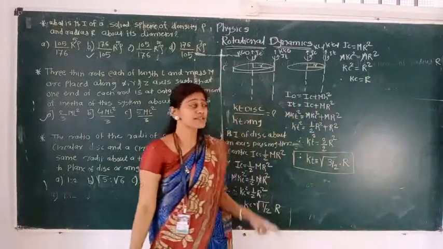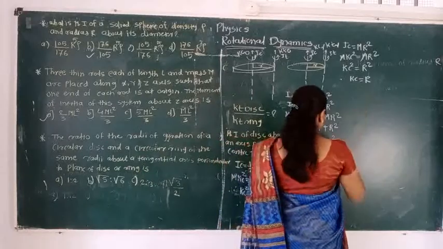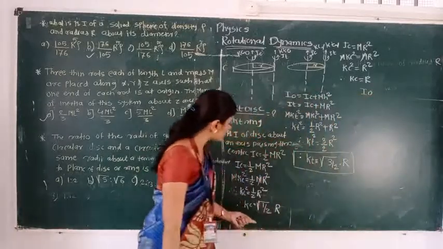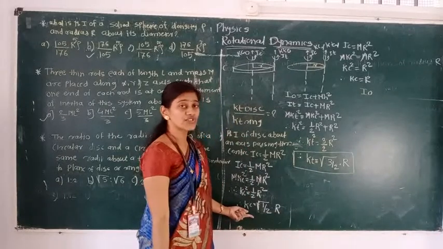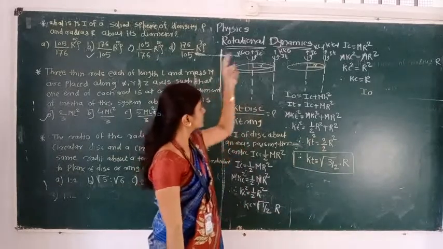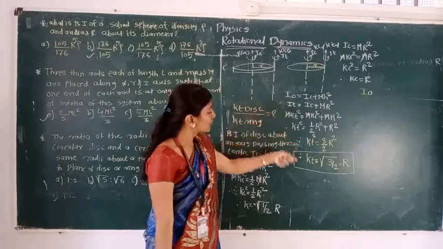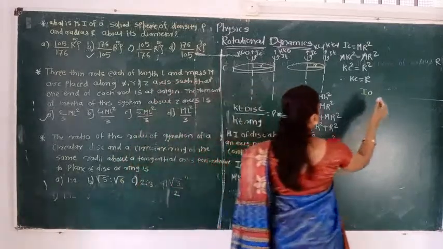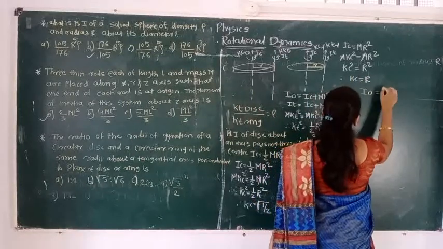Here again we are using the parallel axis theorem. Similarly for the ring, there we first found the value of the radius of gyration of a disc about an axis passing through the tangent, and afterward we used the parallel axis theorem. Similarly here we have to use the parallel axis theorem in the case of the ring.